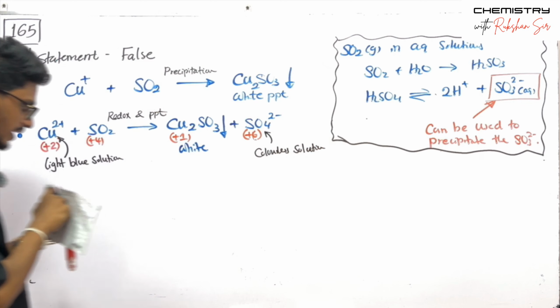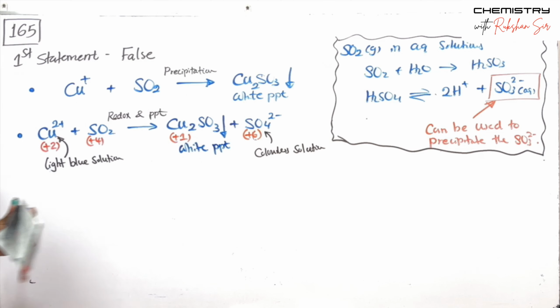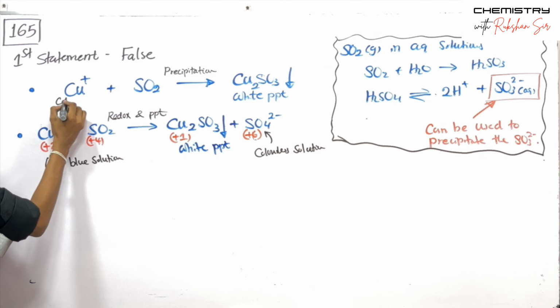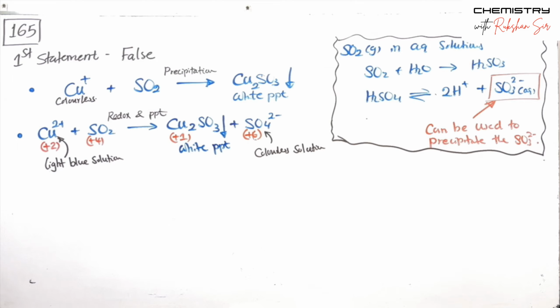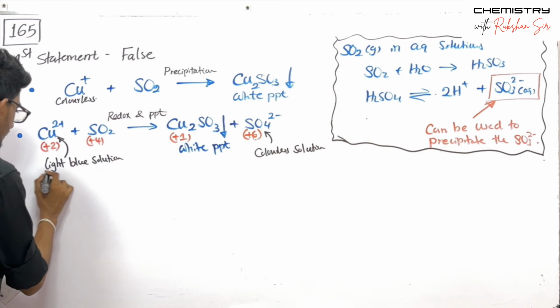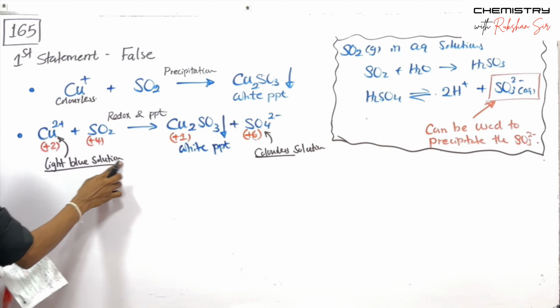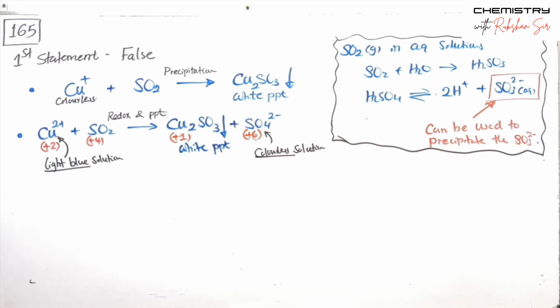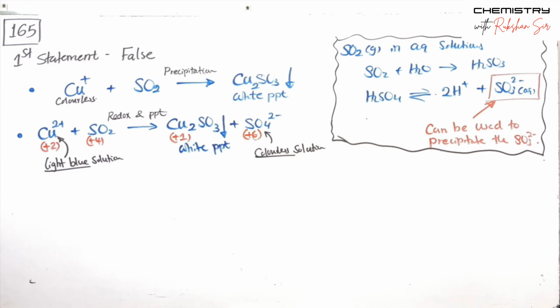In the earlier case, copper 1 plus things are colorless, so no color change in the solution. Here some color change occurs, light blue to colorless. So we can differentiate the two with the use of SO2. So the statement is true.